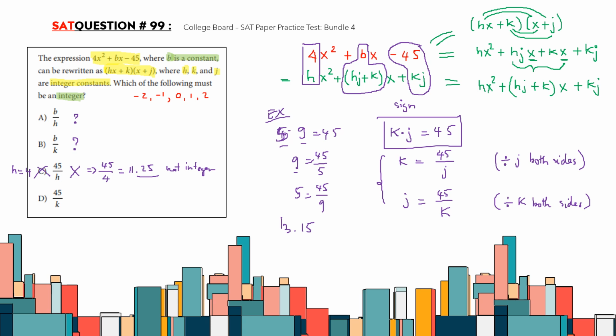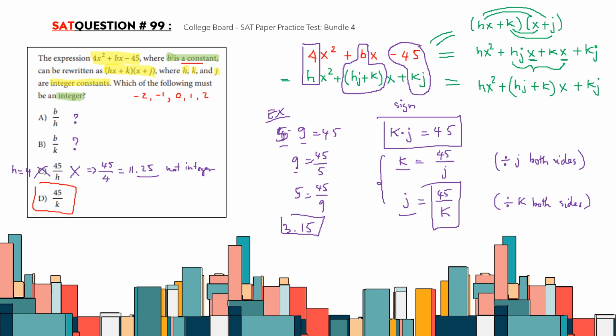So in this case, J and K are integer constants, so we are sure that k is an integer and j is an integer. So this one has to be the right answer. So D is the correct answer.